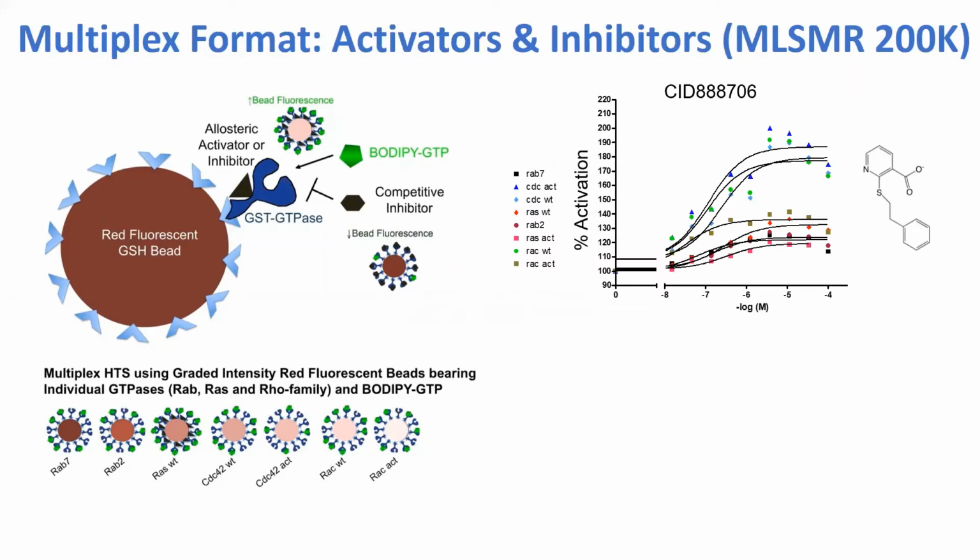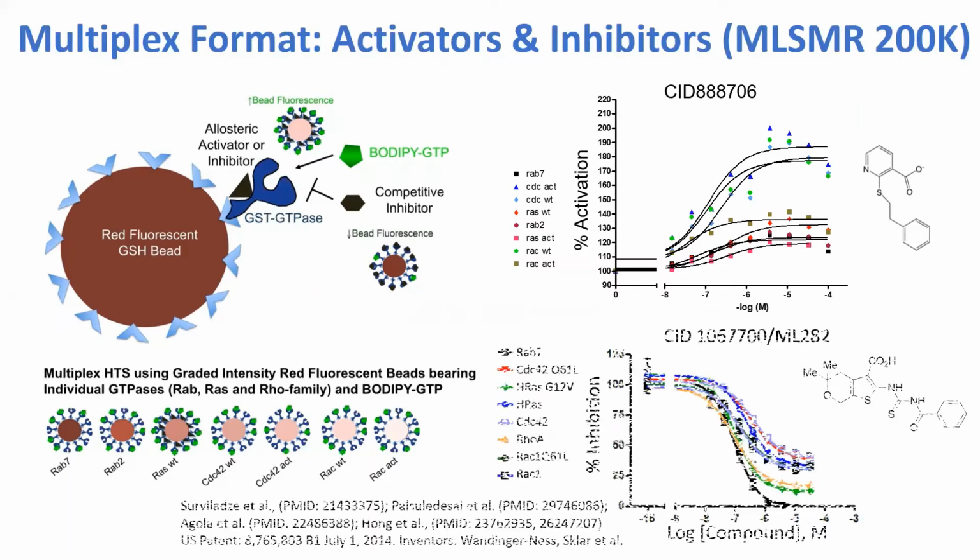A green fluorescent GTP analog provides a binding signal that can be detected without a wash step. We conducted a screen against several 100,000 molecules in the NIH Molecular Library's small molecule repository from that time period. As shown here, both pan-activator and pan-inhibitor molecules have been further characterized with multiplexed dose-response curves.